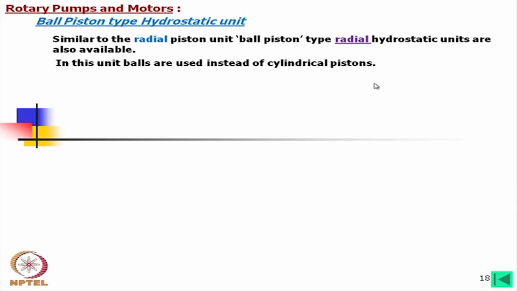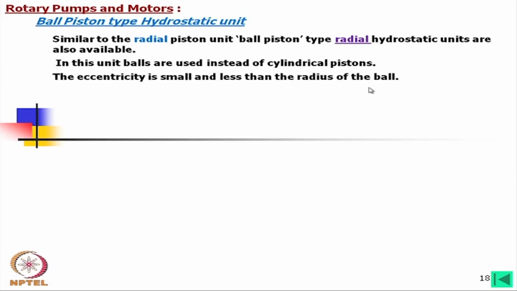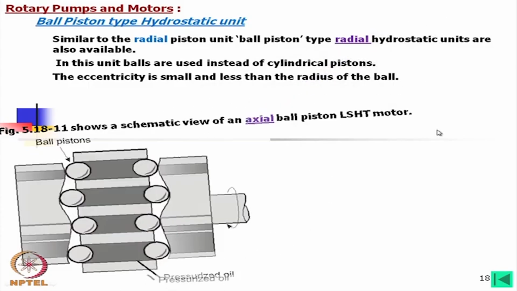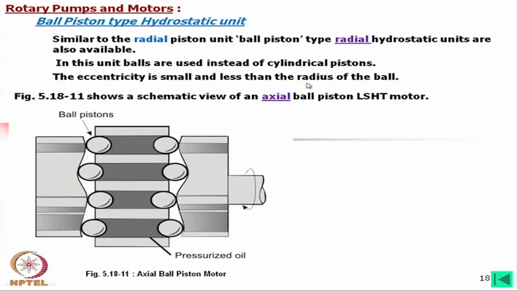Next, in radial piston, the balls are used instead of cylindrical pistons, which I have explained. The eccentricity is small and less than the radius of the ball, obviously. Now, another version is that we can also make axial ball piston type, but here also stroke length is less, whereas we can use very large size balls.